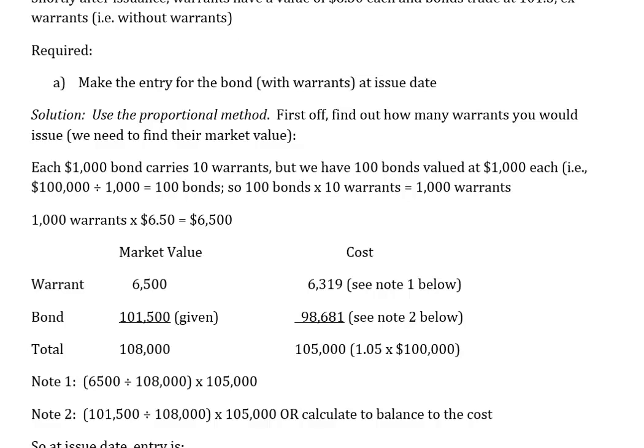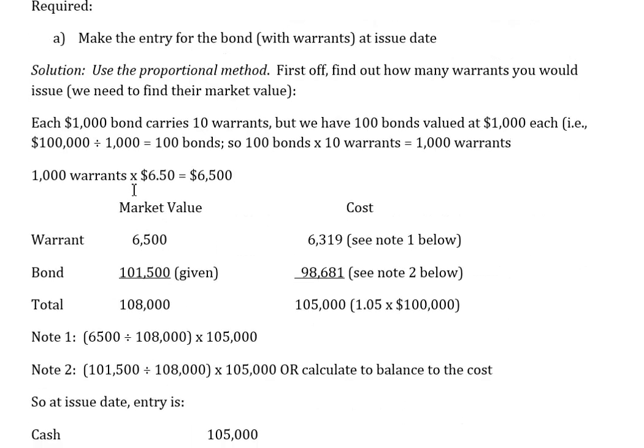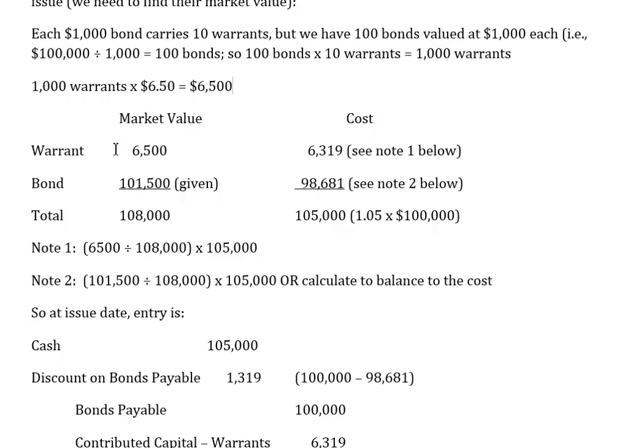Because it says here, each $1,000 bond carries 10 warrants. So I have 100 bonds and 10 warrants a bond. So that's 1,000 warrants, and those 1,000 warrants each have a market value of $6.50. So my total market value is $6,500.